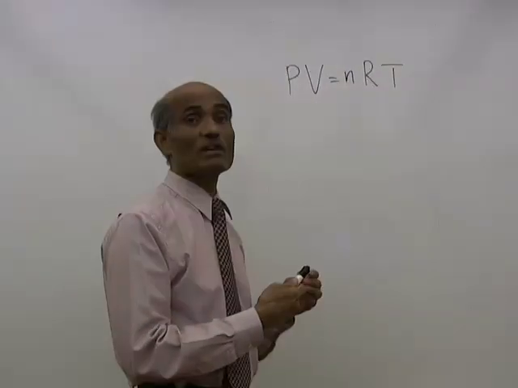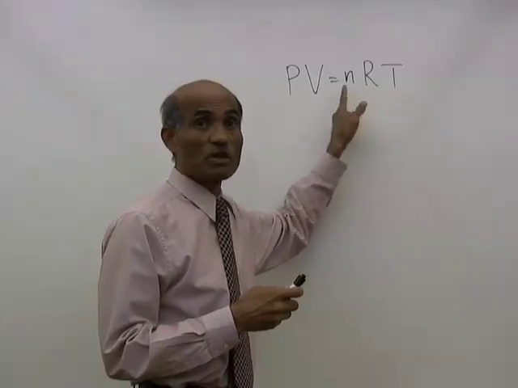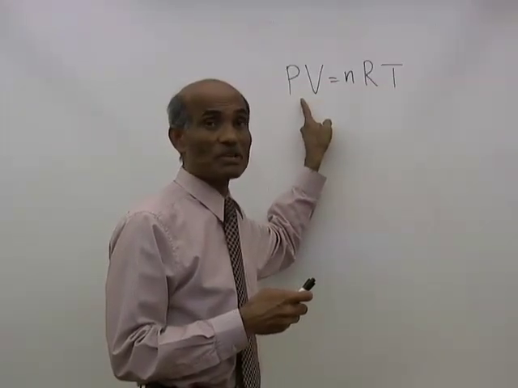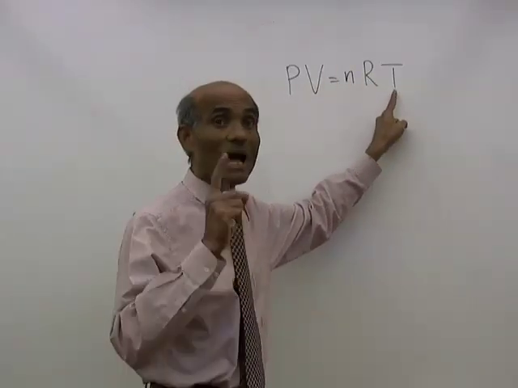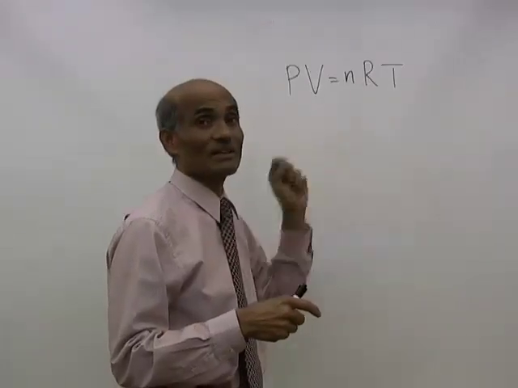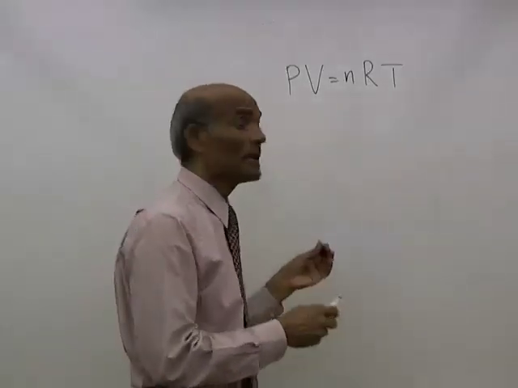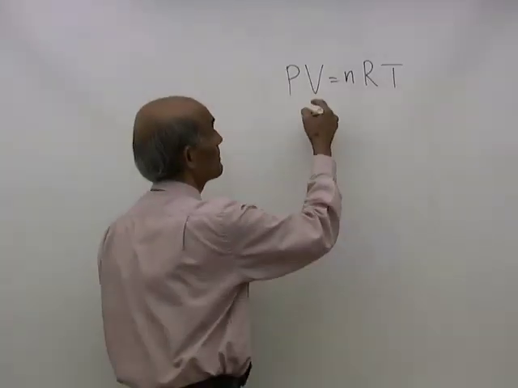So PV equal to nRT, we will change the temperature and measure the corresponding pressure, and that pressure will be directly proportional to the absolute temperature when the volume is a constant. Alright, how does this become of the form y equal to mx?